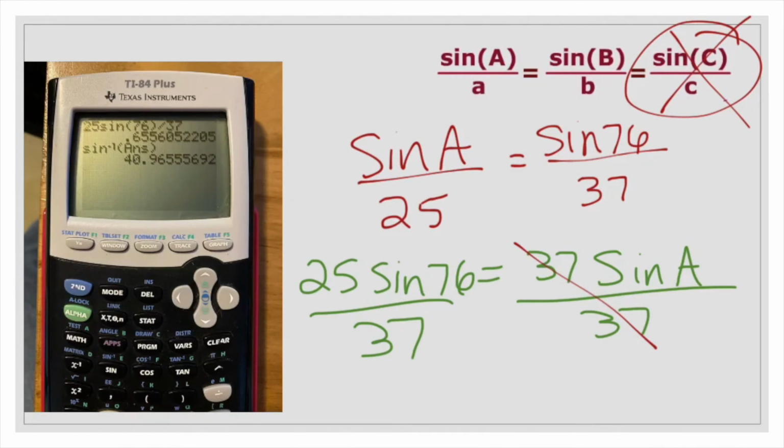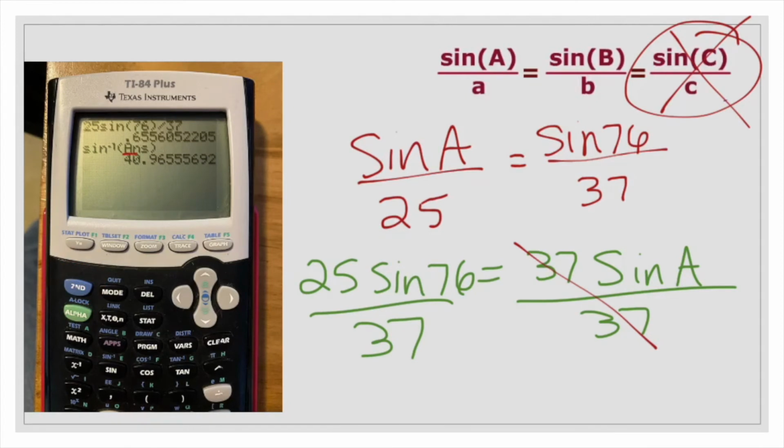So after I got my answer of 0.6556, I needed to take the inverse sine. So I used the second sine button to get this sine inverse. But to put my answer in there, I used the second answer key, which is down at the bottom of your calculator on the negative down there.